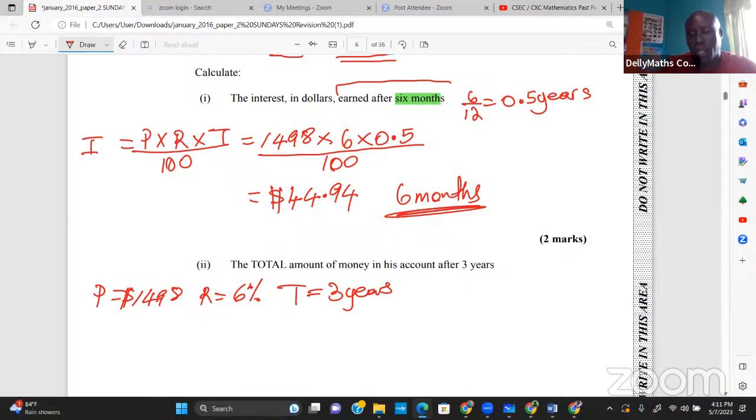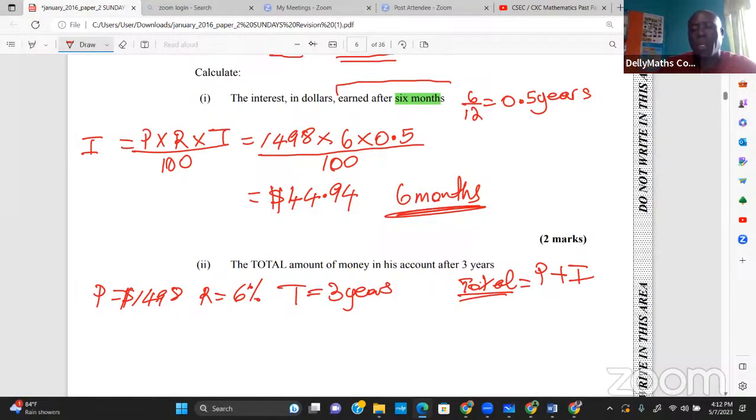What they want to know is the total amount in the account. I want you to understand that the total at the end will be the principal plus the interest. If you leave some money somewhere and you come back, the total will be what you left plus the interest that you got from it, right?